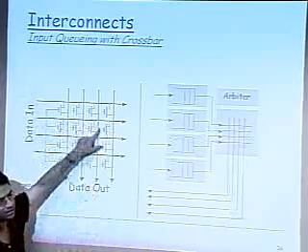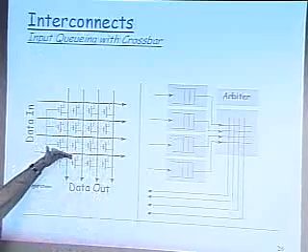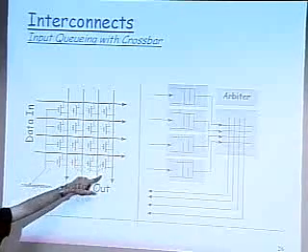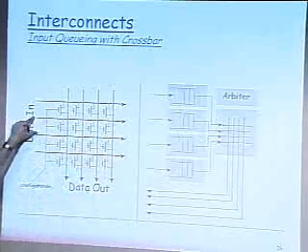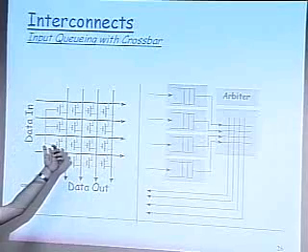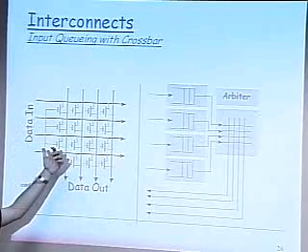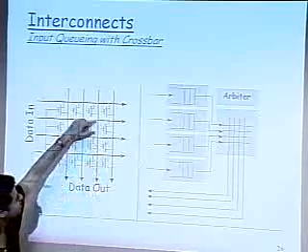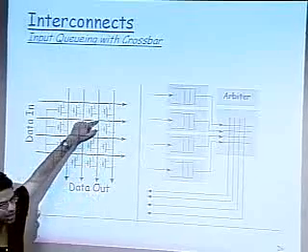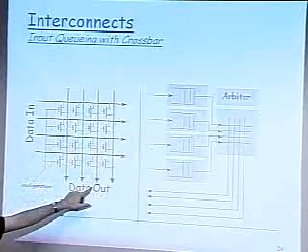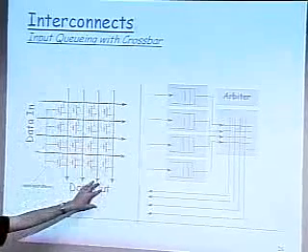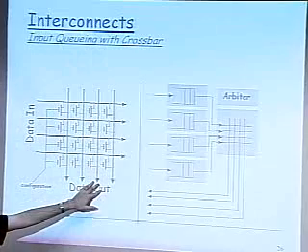If it's not free, if some other input port is accessing that output port, then your data has to be queued up at the input port. When it becomes free, when only your signal in a particular column is active, then you can send that packet across and it goes through in this interconnect.